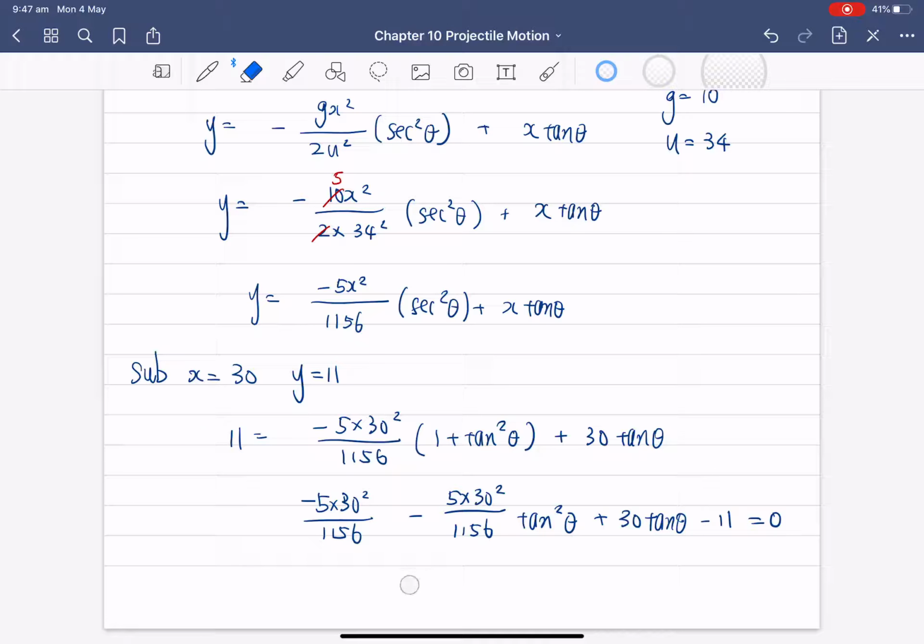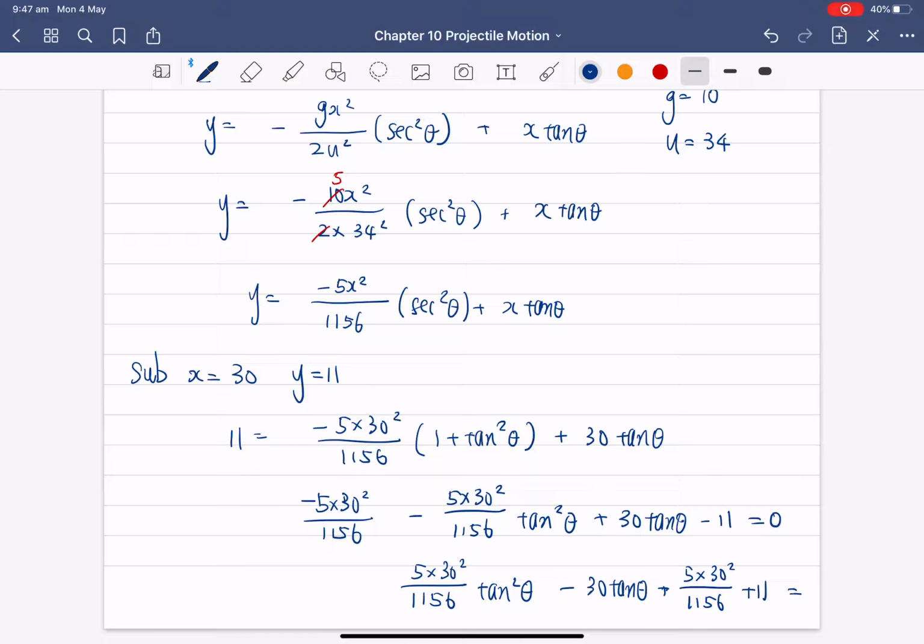What I want to do is rearrange this so you can clearly see it is a quadratic. So what I did is times everything by -1, changing all the negatives to positives and positives to negatives, because I want the leading coefficient to be positive.